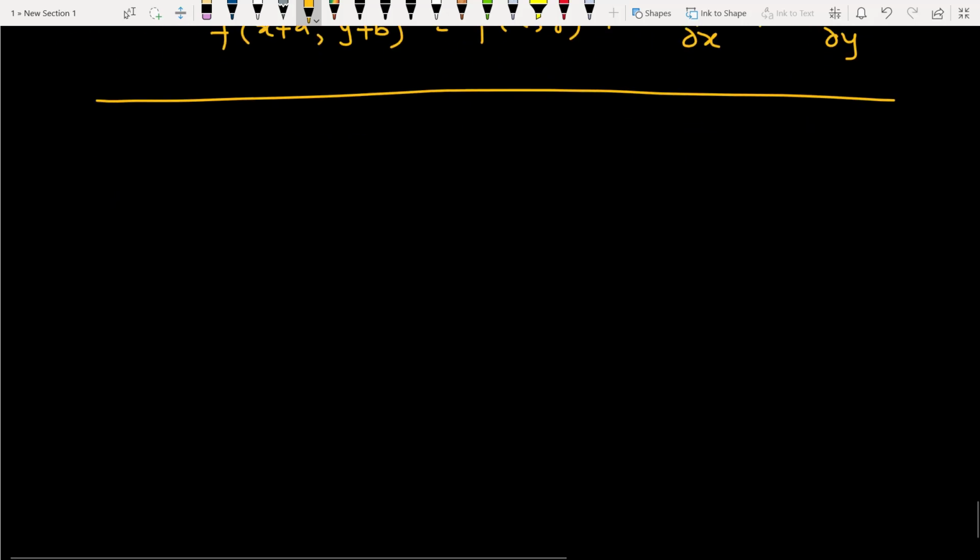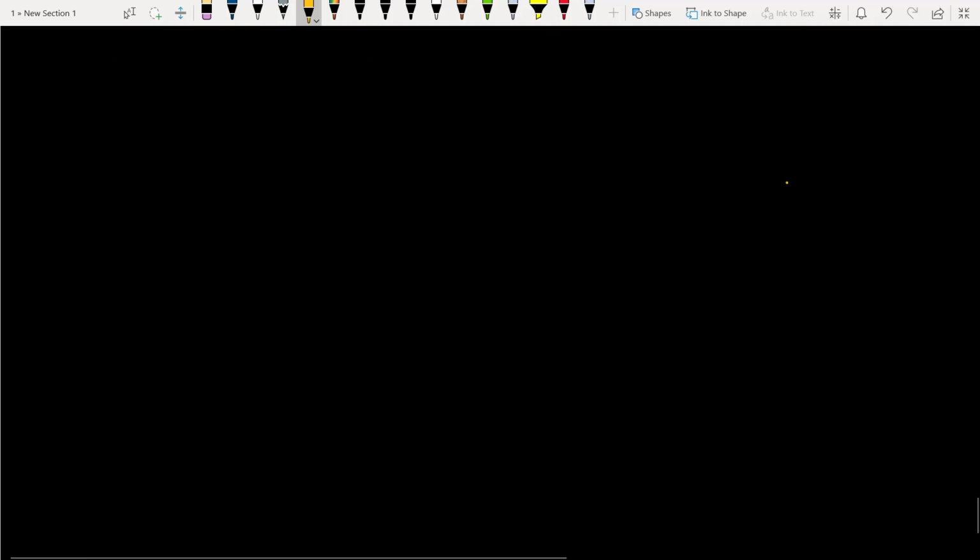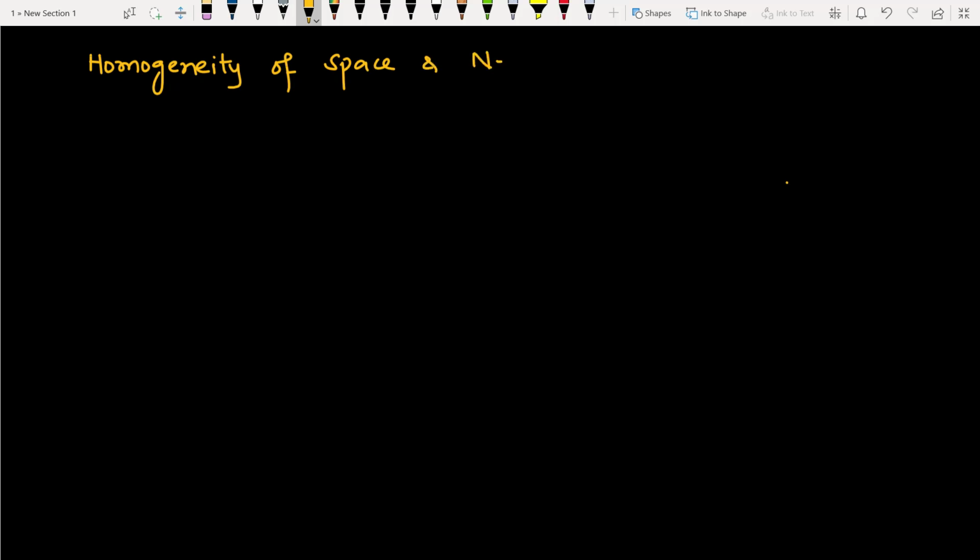So the first article is homogeneity of space and Newton's third law and law of conservation of linear momentum.